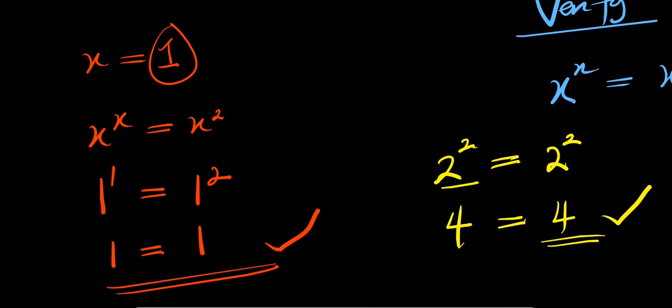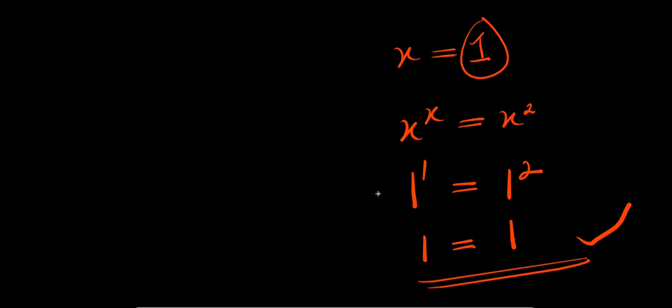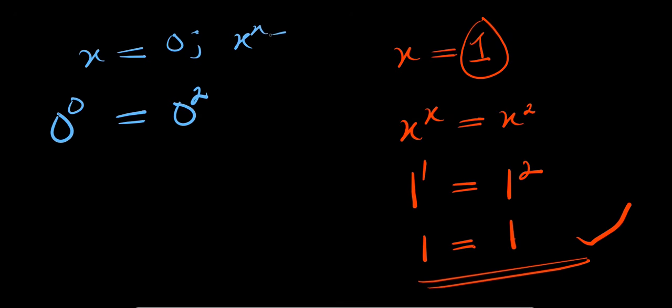Is there any value of x again? No. A lot of people will consider 0. If your x is 0, this will not satisfy the equation. Look at it here: 0 power 0 equals 0 power 2. Remember, x power x equals x power 2. 0 power 0 here is indeterminate, not defined.